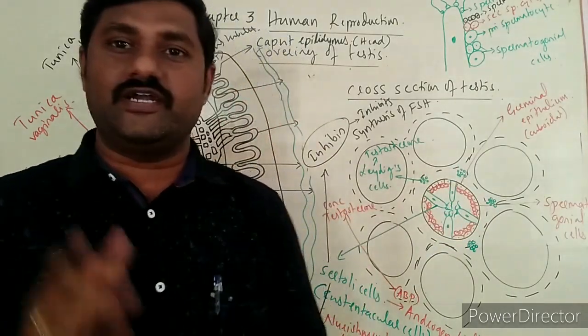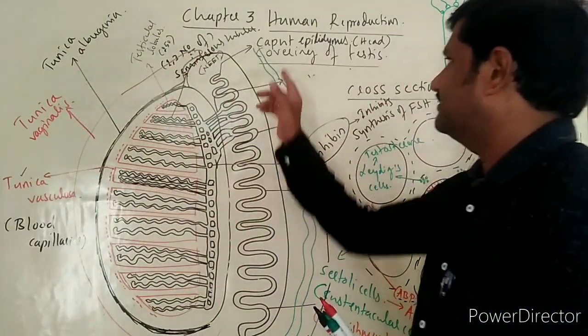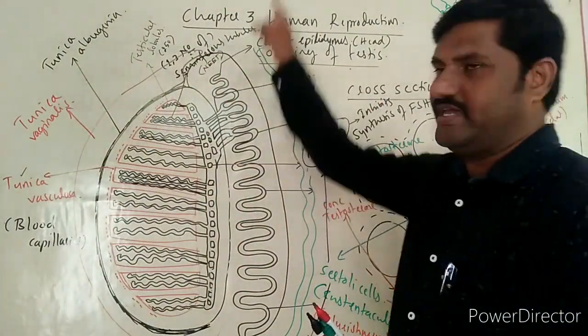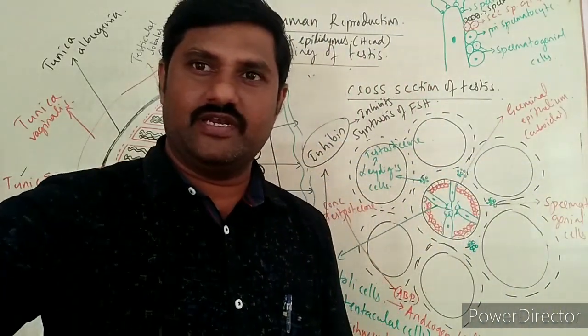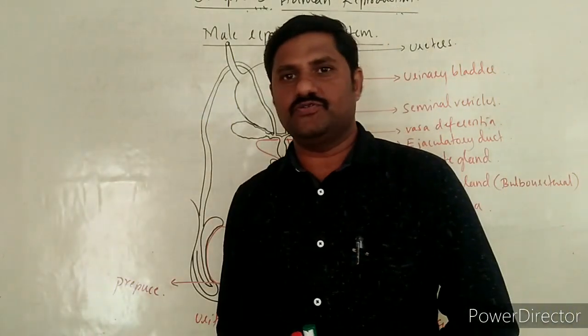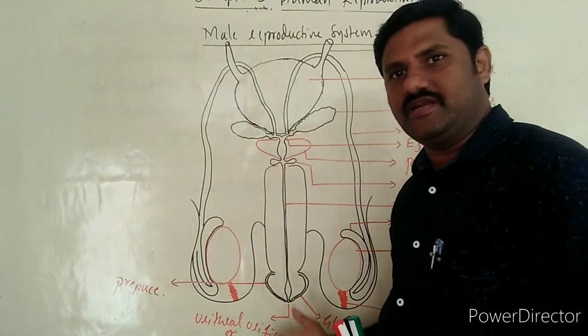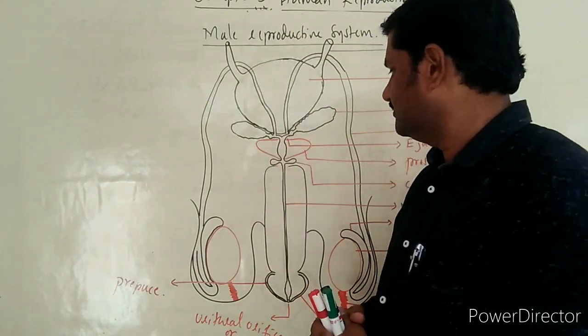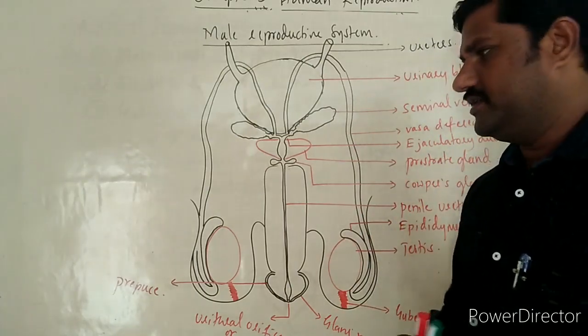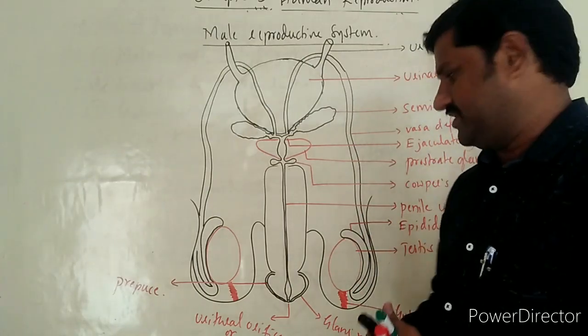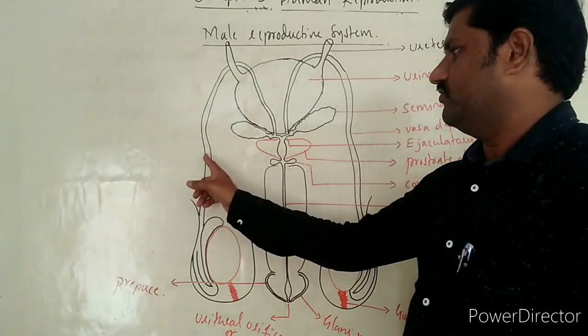Let's go to the continuation part of the vas deferens, where it continues. So that point is also noted over here now. Yes, dear students, this is the entire male reproductive system of the human being that you are observing in the diagram. This is vas deferens.